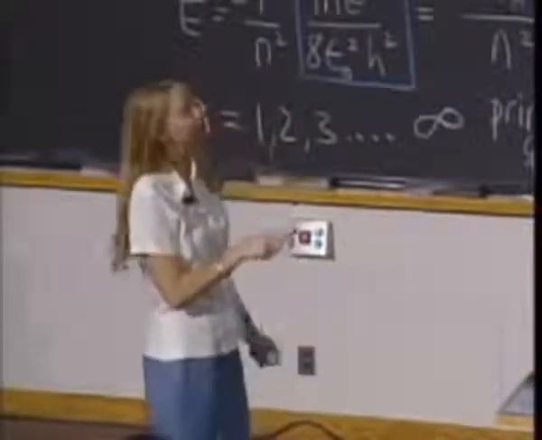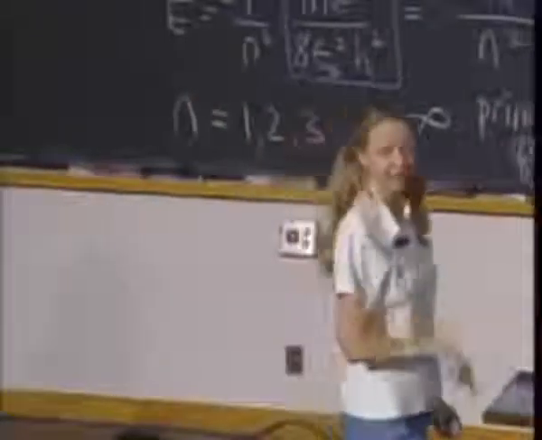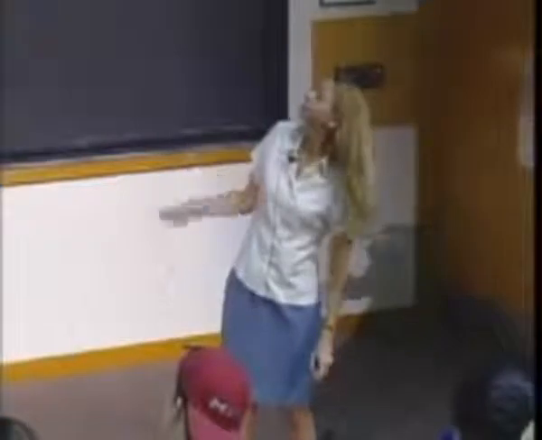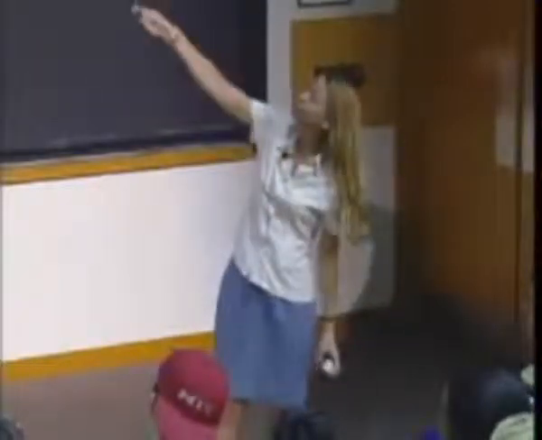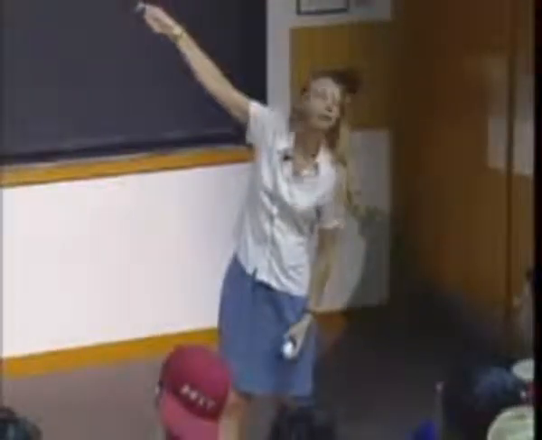Because lithium usually has 3 electrons, but if you take 2 away and you only have 1 left, that's a 1 electron atom. Uranium plus 91 is a 1 electron atom, because you took 91 of them away, 1's left, that's a 1 electron atom or an ion. And the bottom line is that this expression for the energy levels predicts all of the binding energies for 1 electron atoms, as long as you remember to put in the Z squared up here.